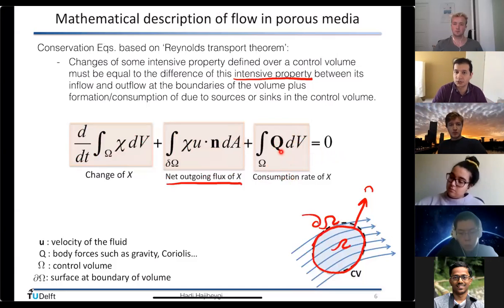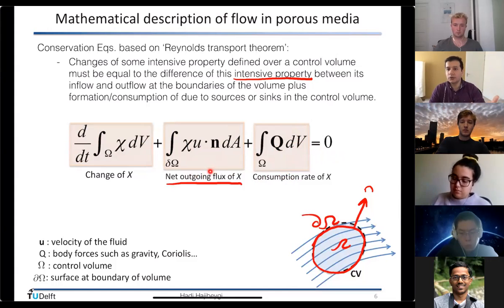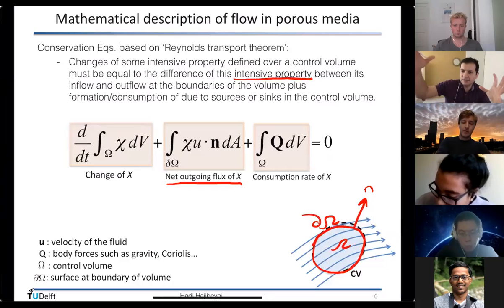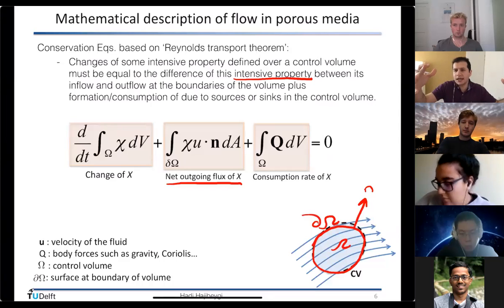This is consumption. So if there is no source term q, and the net outgoing flux is 0, it means outflux minus influx is 0, which means whatever leaves is exactly the same as whatever comes.